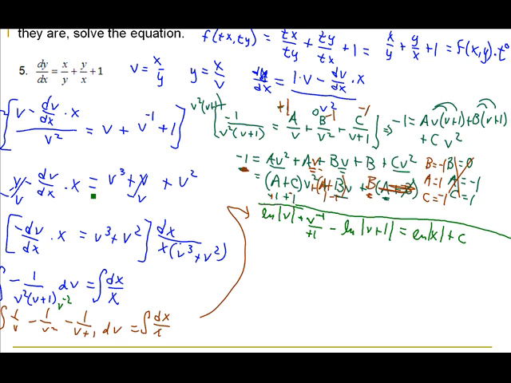So here, just like in problem number 4, you want to bring all your log terms together to maybe cancel them out. So I've got log of v, and I have natural log of v plus 1. I'm going to bring this log of x over. That's going to make it a negative. And then everything else will go on the right side of the equation. That c's already on the right side. And I'm going to bring this v to the -1st over. That's going to make it a negative.